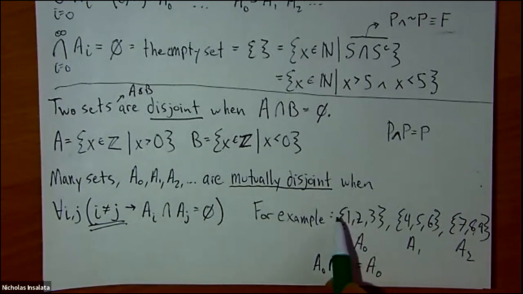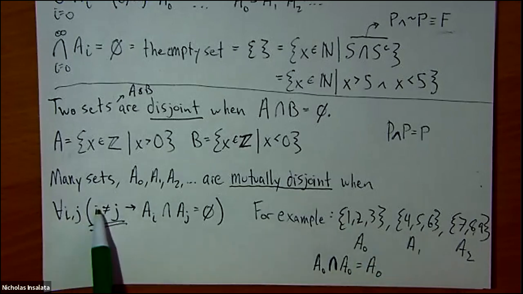It'll be 1, 2, 3. So we have to take different ones to intersect them. That's why we're saying i is not equal to j. Any questions about that? Does that look good? Okay.